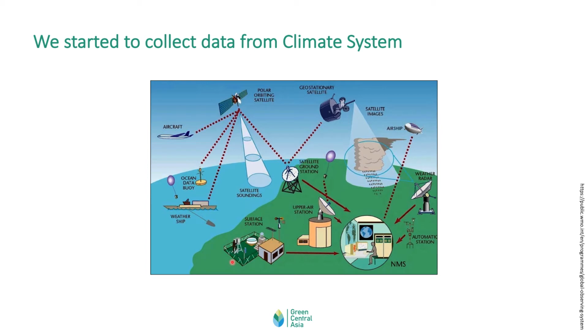Over the surface we have automated observation stations, and all this information is gathered in a center and later fed into our knowledge of the climate system and, for example, our weather forecasting system.